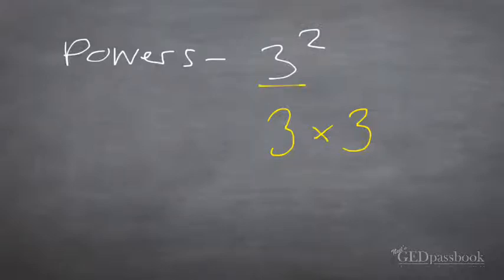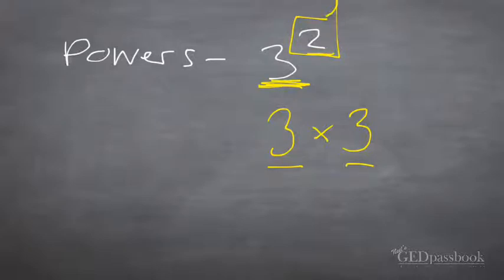Because it's the base number multiplied by itself 2 times. That's what powers are. So this one is 3 to the power of 2, which means you multiply 3 by itself 2 times.